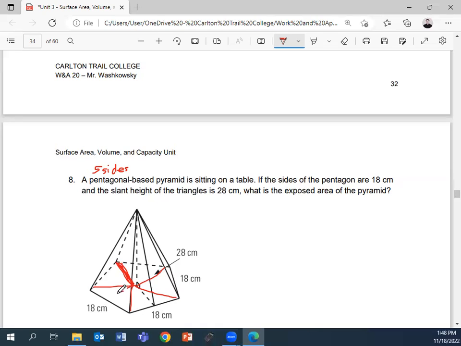And so the height of each of these triangles is going to be, what was it? Oh yeah, that's what it was. .58.